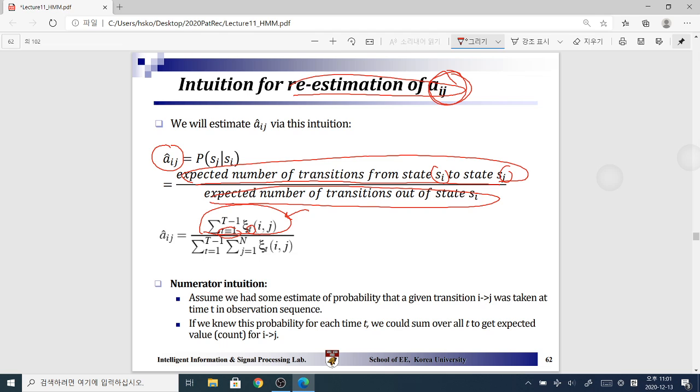And similarly, for the denominator, you would do the same over all of the time, and especially for the transitions out of state i, so you would sum over all of the j's.